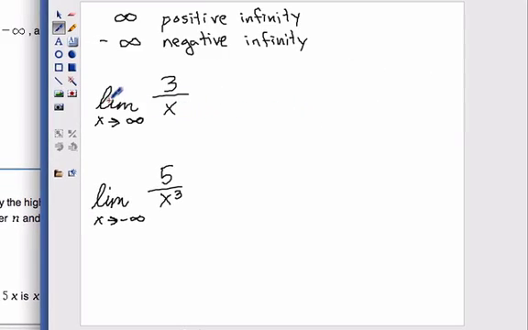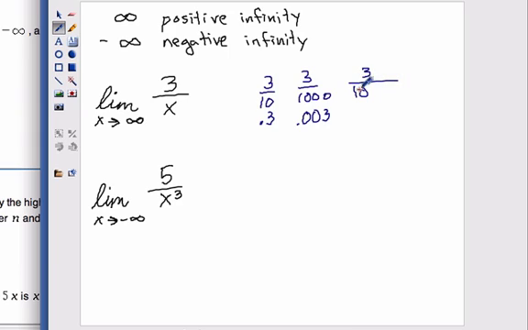So, let's look at this. If a was 3 and n was 1, then we have 3 over x. What is happening to this value 3 over x as x gets bigger, closer to positive infinity? I just want you to think of a few values here. So 3 over 10, we know that's 0.3. 3 over 1,000 is 0.003.